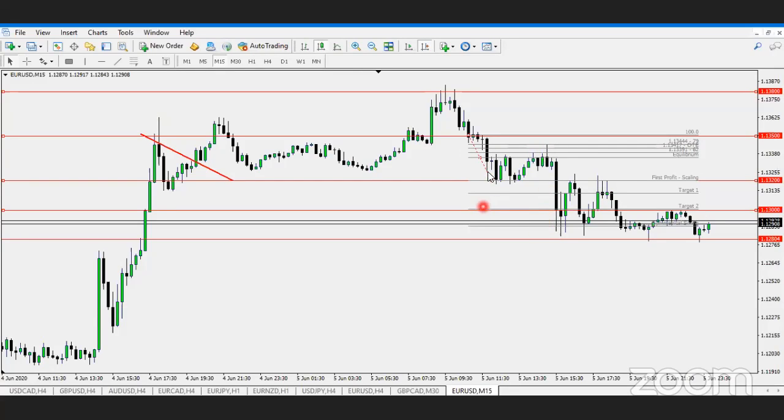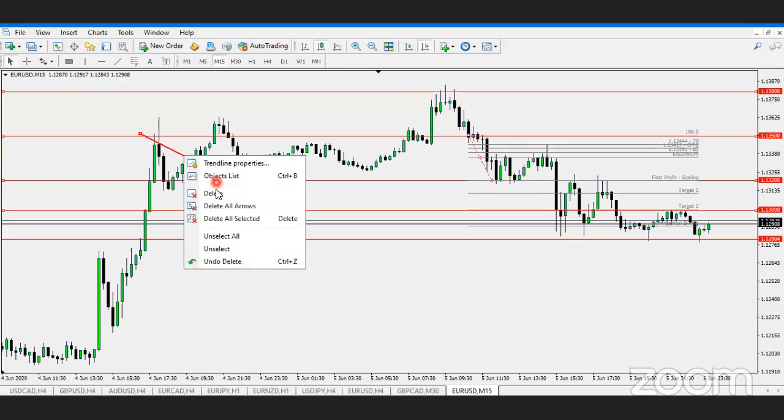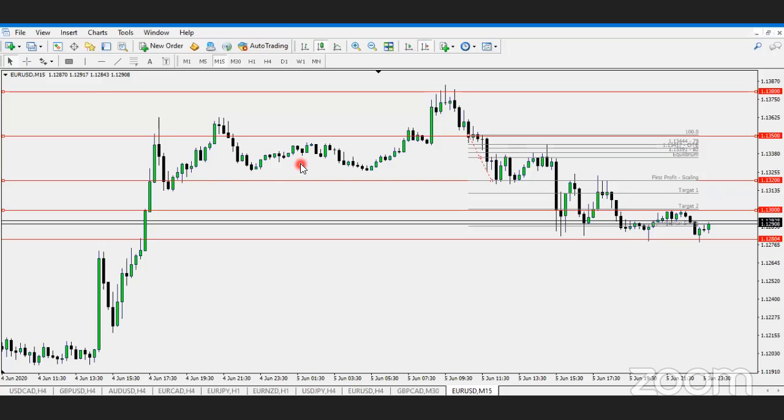Okay, so you can repeat these steps over and over again, but basically all you need to keep in mind with these kinds of setups is the institutional price levels and where price is currently trading, and the zone that the algorithm is working, because banks and institutions don't trade all the time.